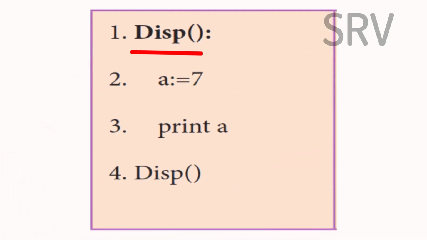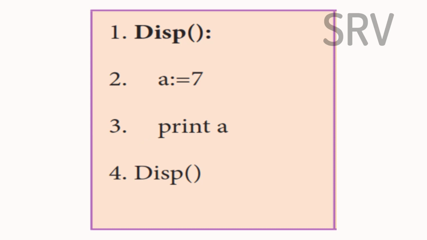In our book, a pseudocode is given. In this pseudocode, we have a function disp, and we have defined the disp function here. Inside the disp function, we are using a variable a, which is assigned a value 7. In the third statement, we are printing the a value inside the disp itself.